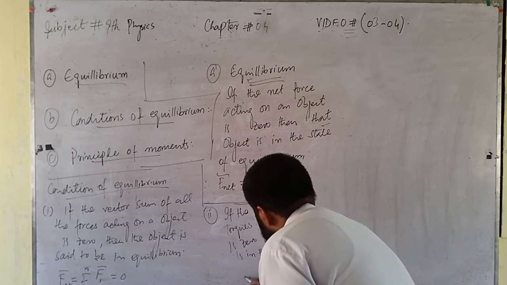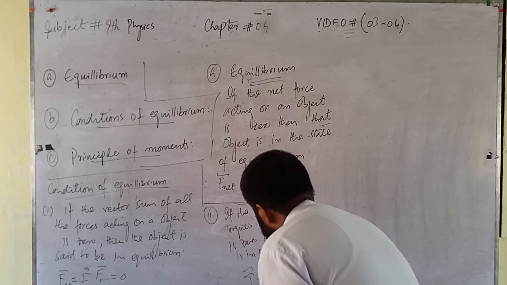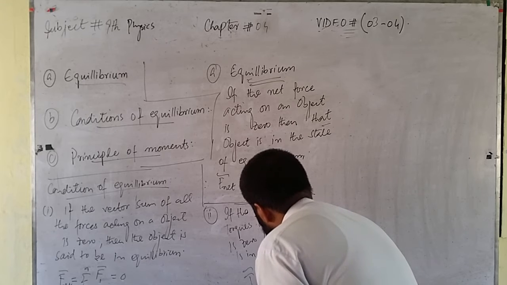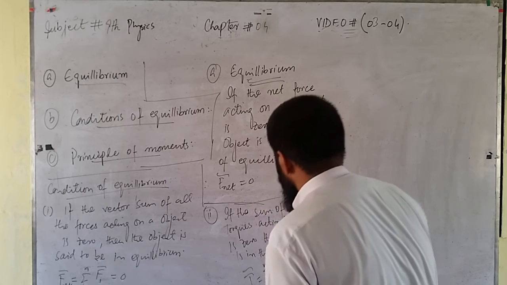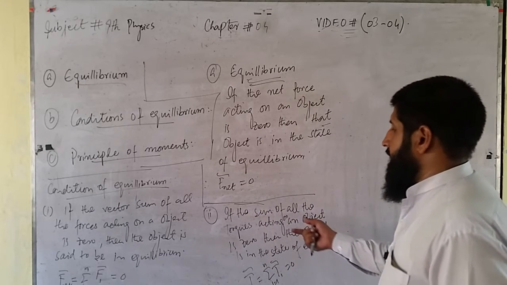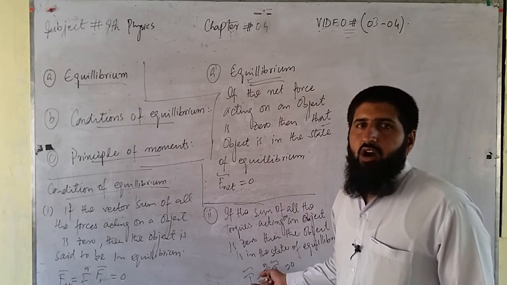That is, the sum of all the torques, i starts from 1 up to n, when it equals 0, then we say that the object is said to be in the state of equilibrium.